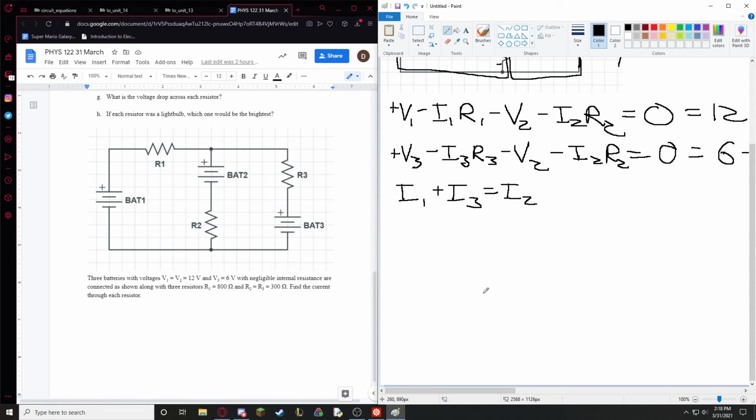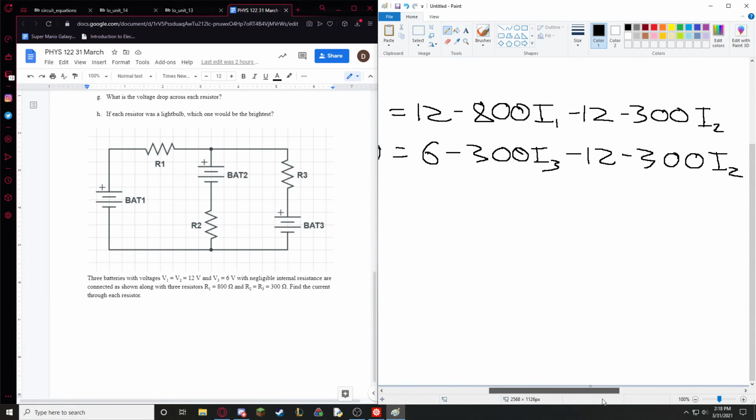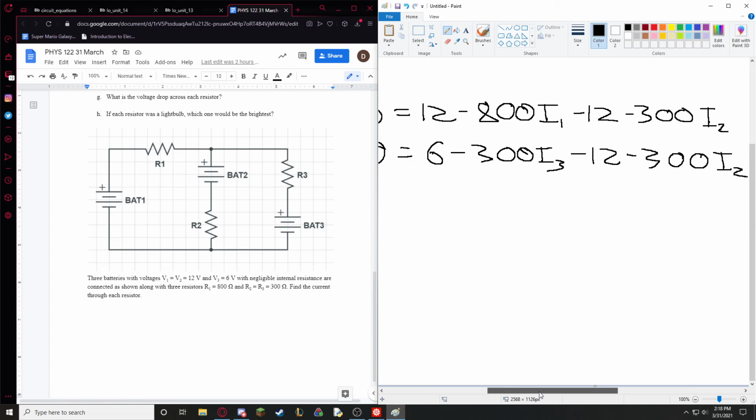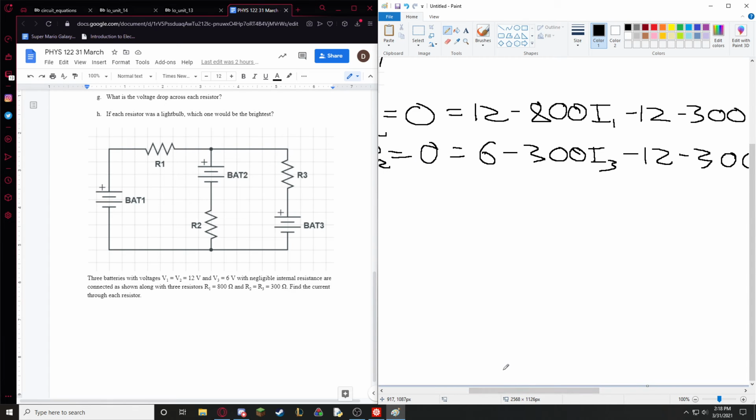So the way we create our matrix is we essentially want to rewrite each of our equations with all the I1, I2, and I3 values on the left and our constants on the right.